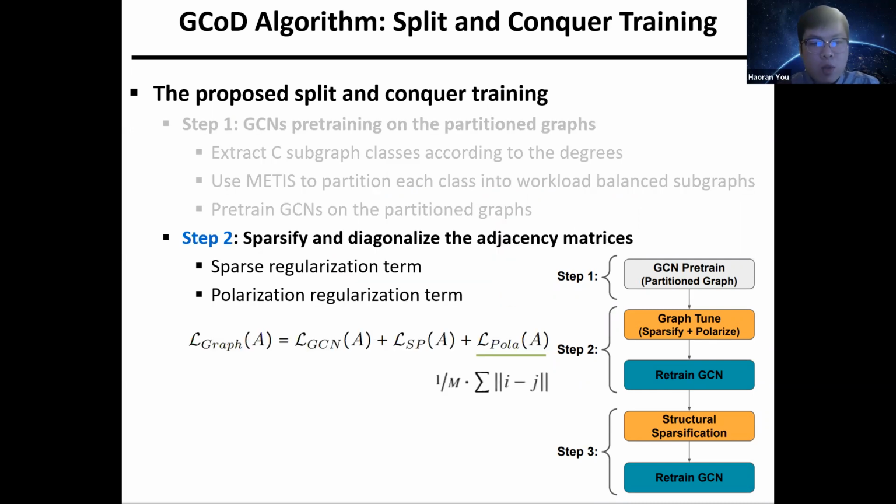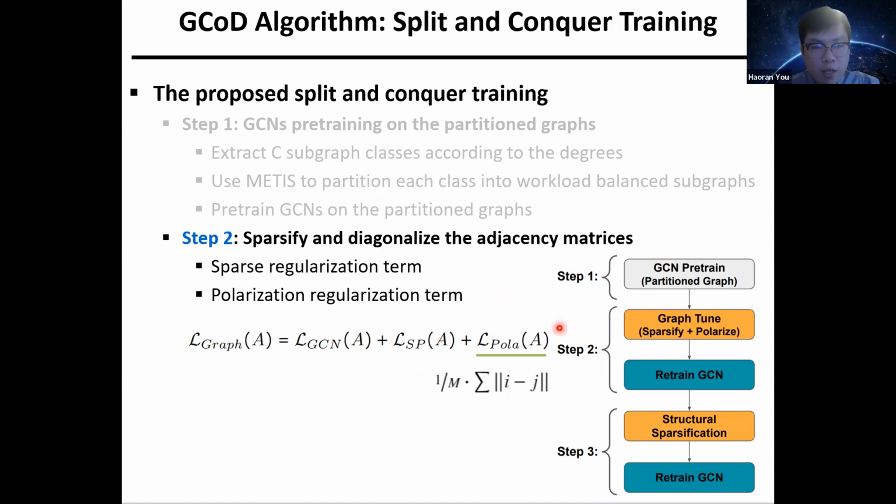The second step is to sparsify and diagonalize the adjacency matrix using the regularization terms as shown in this formula, where the objective is to optimize the adjacency matrix. The sparse regularization term will be 0 if the sparsity has met the target ratios, and it will be infinite if the sparsity hasn't reached the target pruning ratios.